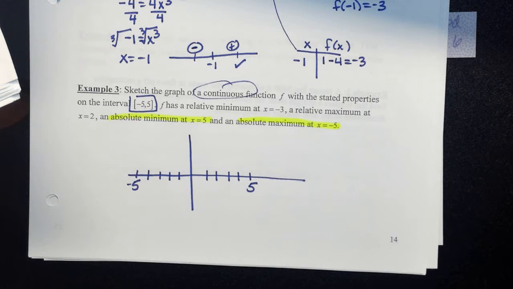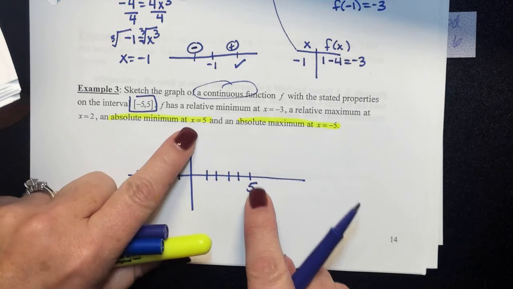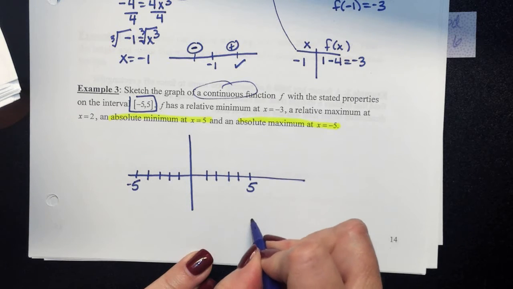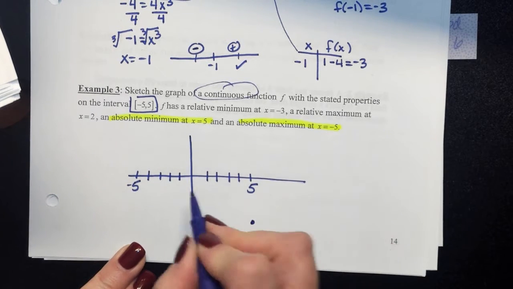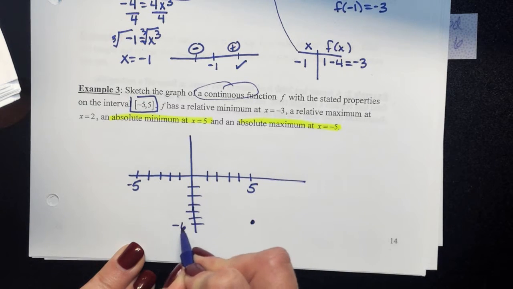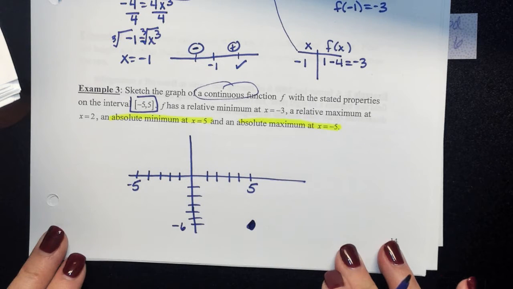Nowhere are they giving me any idea what the y values are at any of these x coordinates. All I do know is that at x equals 5, this point better be the lowest point on this graph. So I'm going to put my absolute minimum down here at -6.